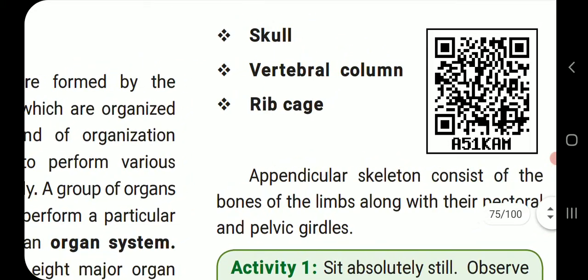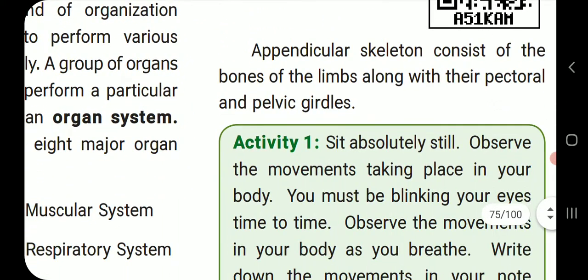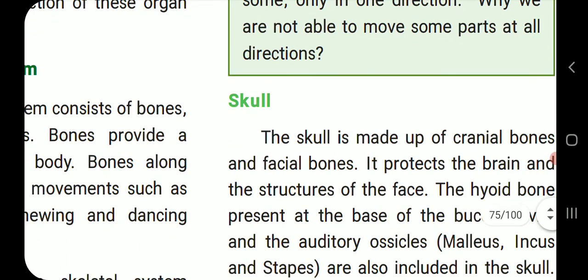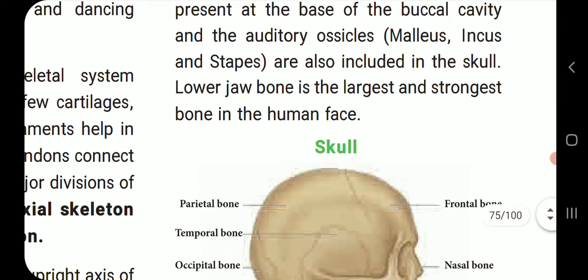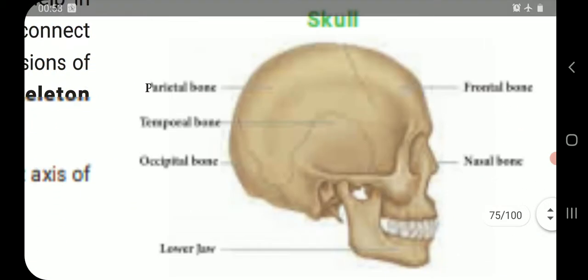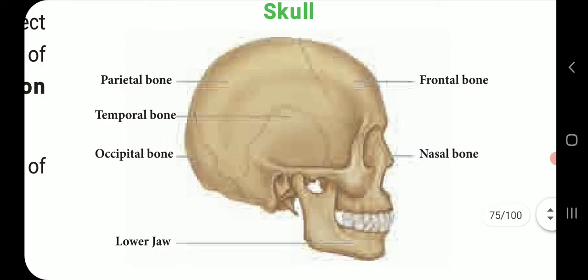The skull is made up of cranial bones and facial bones, and it protects the brain and all the structures of the face. Children, this is the picture of a skull.